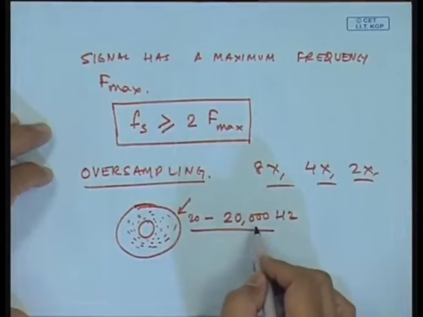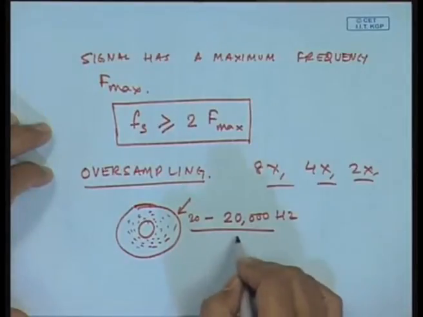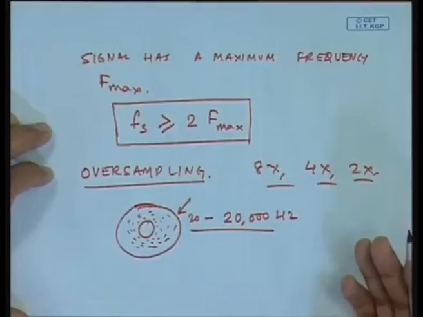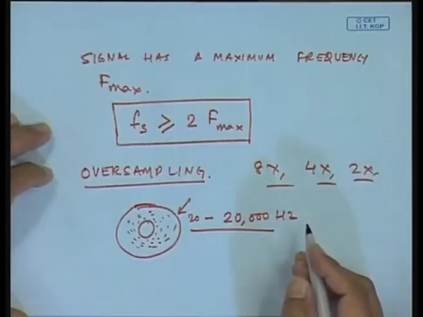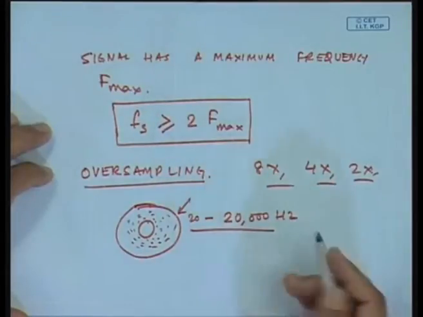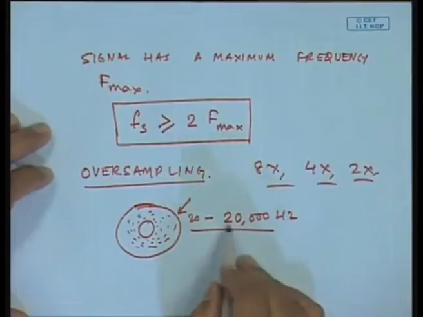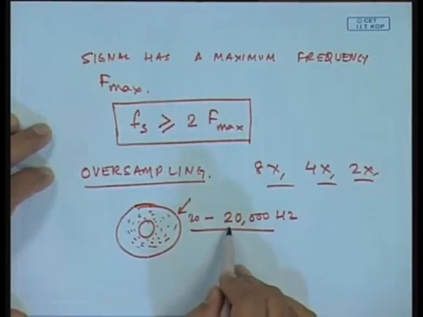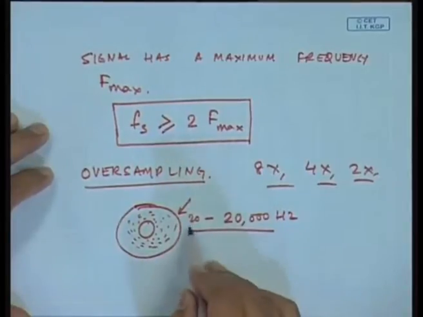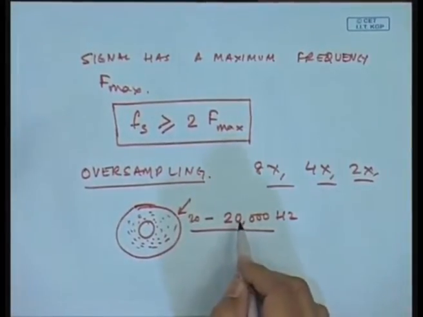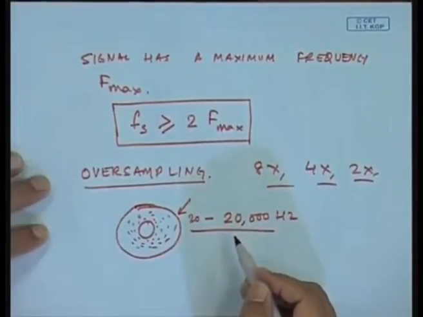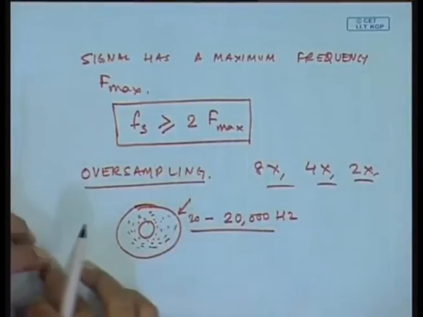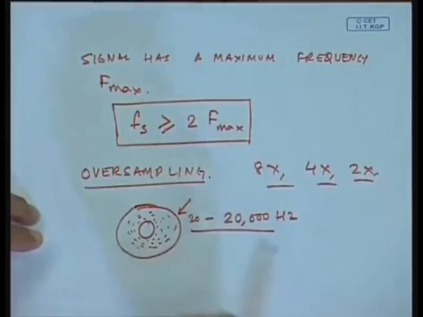So, if my maximum frequency of interest is 20,000 hertz, I should at least sample it at 40,000 hertz and so on, but sometimes they sample at 44.98 kilohertz, and so on. So, they are doing some amount of oversampling, and because the original signal is 20 kilohertz, and that has been reproduced, we have a better fidelity or frequency response from CD players than the original tape cassettes, because of these reasons.